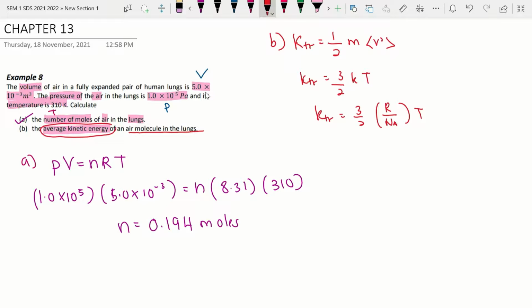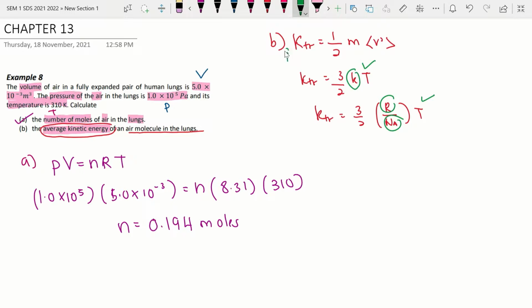So if you look at the question, the information that we have is the temperature. Whereas for k, R and NA, they are constants, which we can get from the list of constants and formulae.